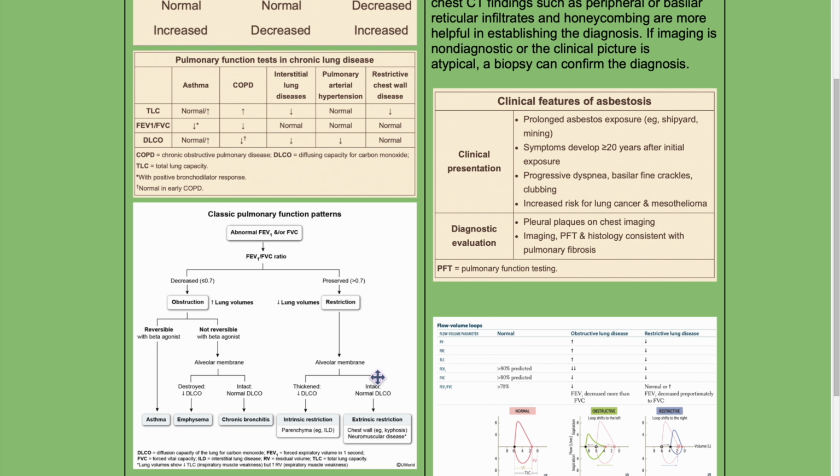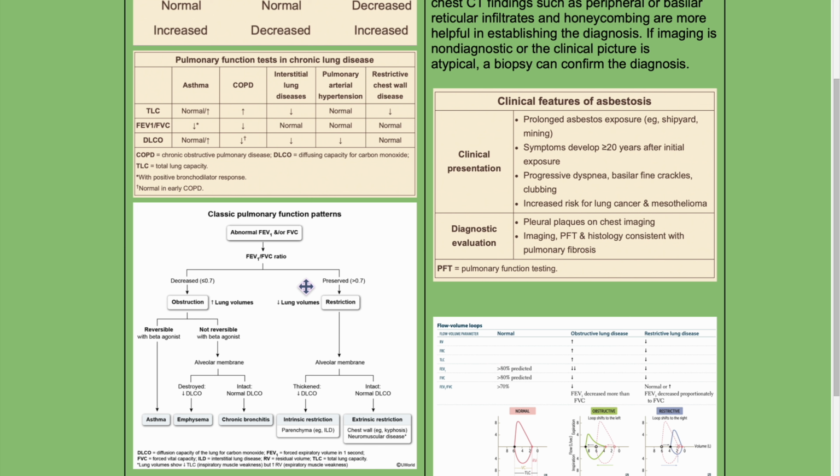The alveolar membrane could be either thickened, which causes decreased DLCO, so it is parenchymal, ILD, intrinsic restriction. Or it could be intact, then you will have normal DLCO, then it's extrinsic restriction, like chest wall, kyphosis, or neuromuscular disease.